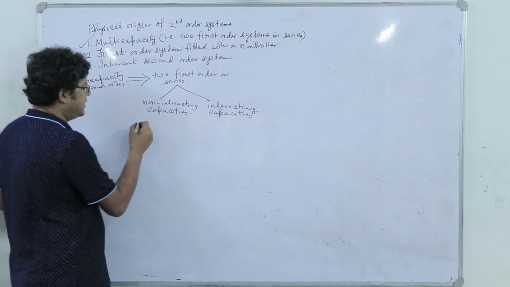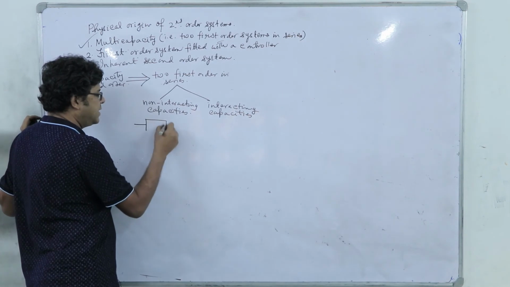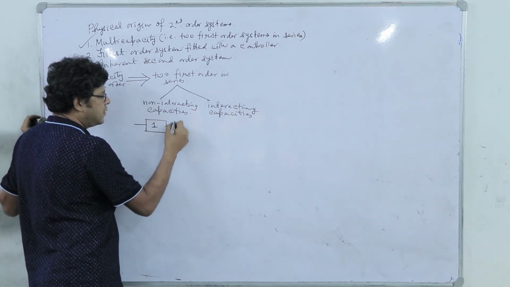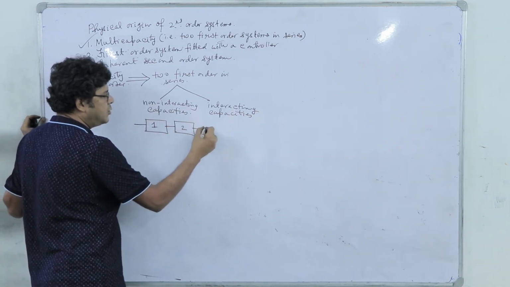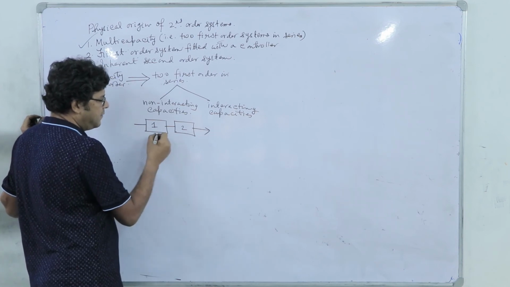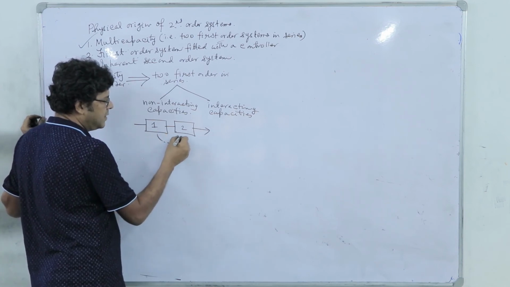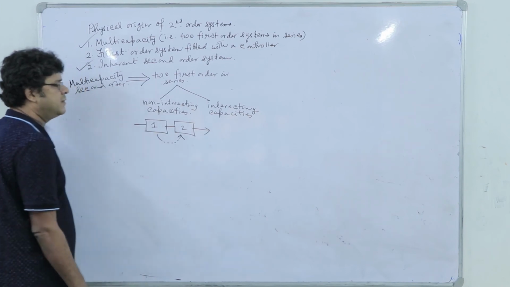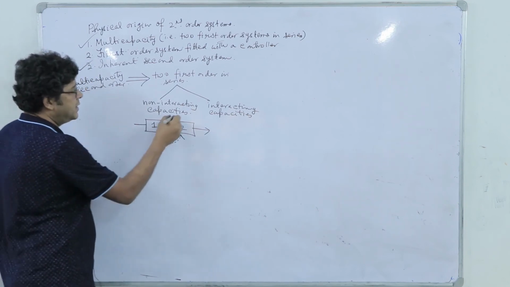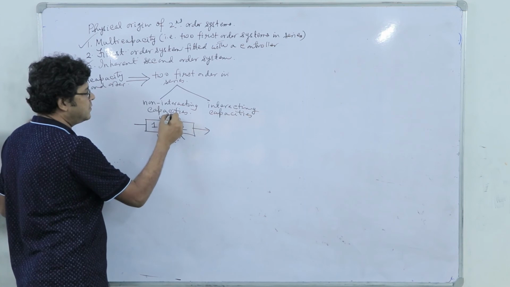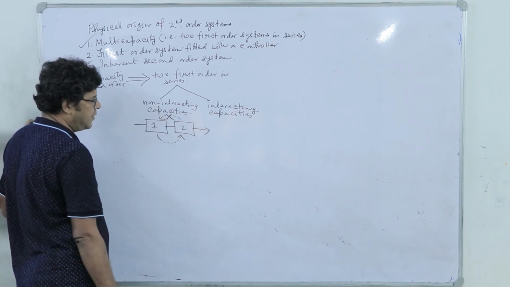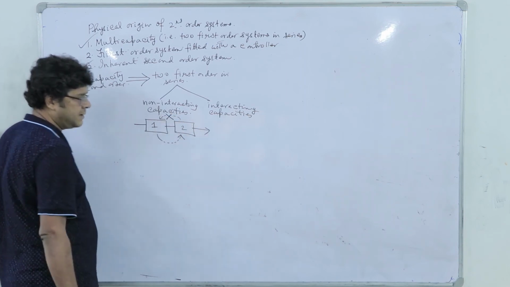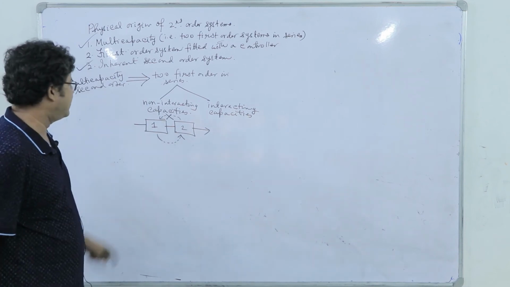So, what is non-interacting? See, if I connect first order systems 1 and 2 in series, if the performance of 1 influences the performance of 2, but the performance of 2 is not influencing the performance of 1, it is called non-interacting. So, there is a hierarchy of influence.